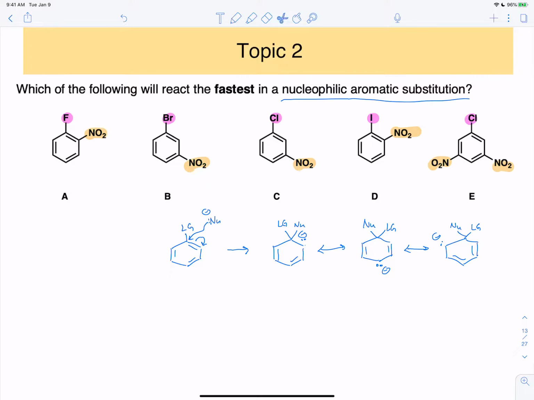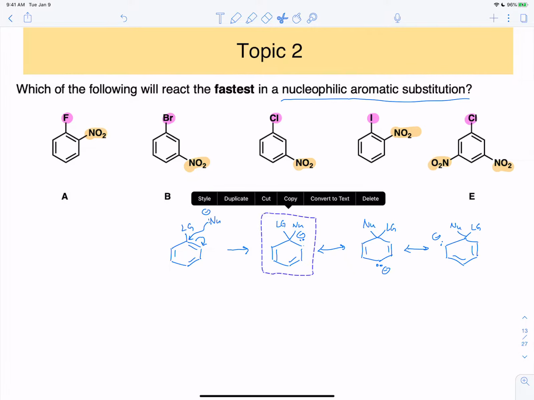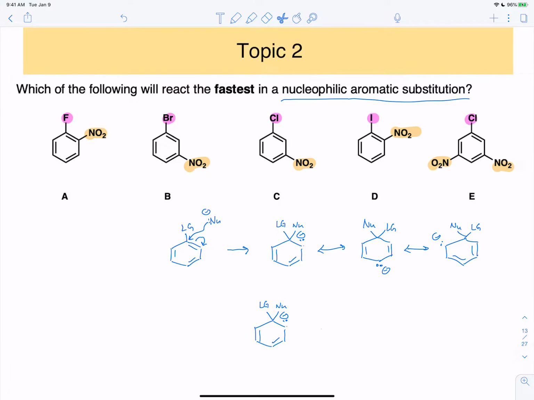Let's imagine we had a nitro group in this place, in the 2 position, for instance. You'll see that we can use resonance to put the charge all the way onto an oxygen. So having the electron withdrawing group, especially one that has resonance stabilization like a nitro or some sort of carbonyl, is very important for this reaction to take place.